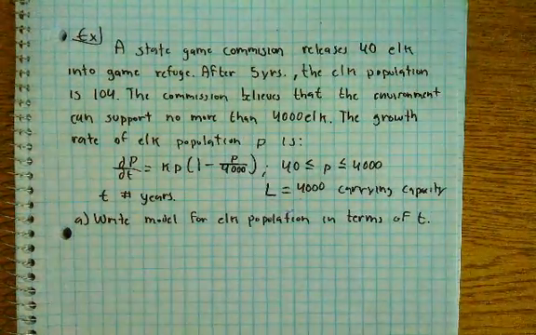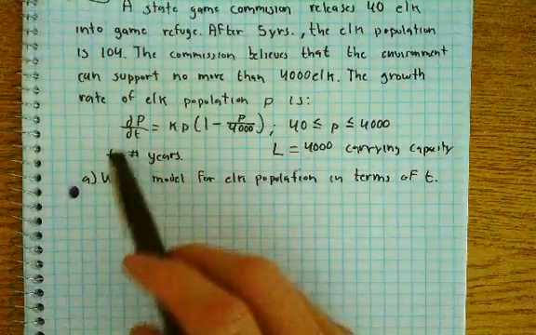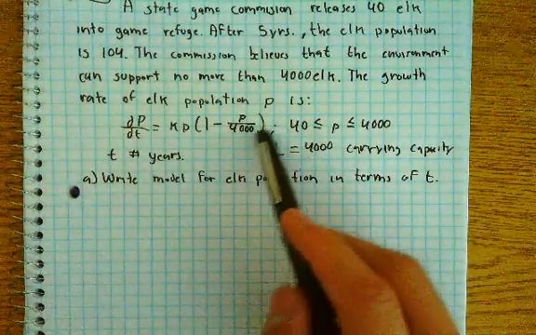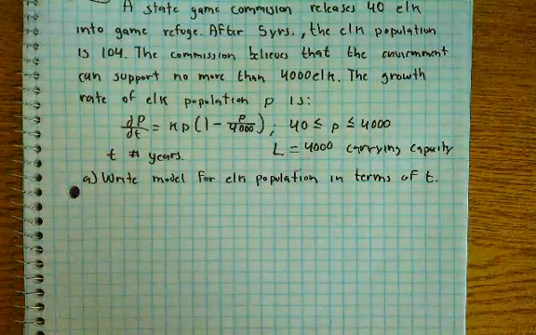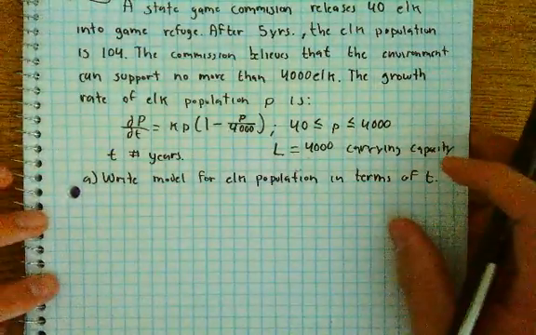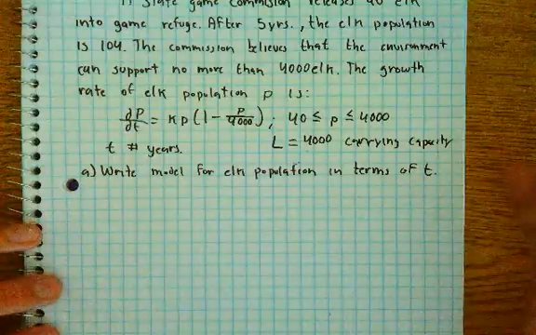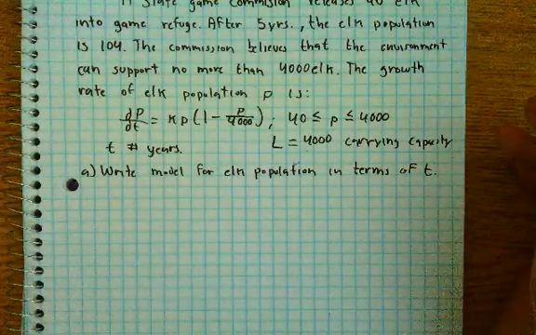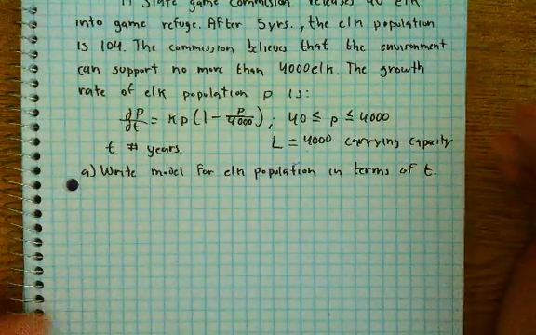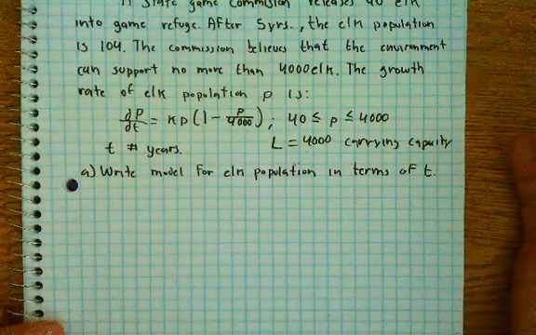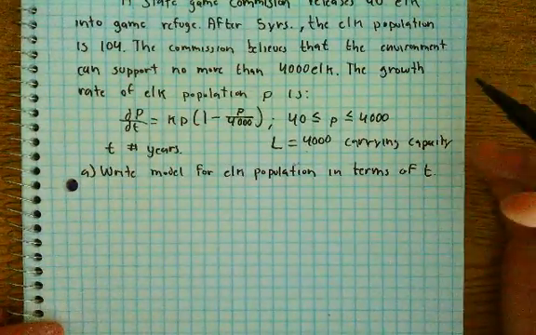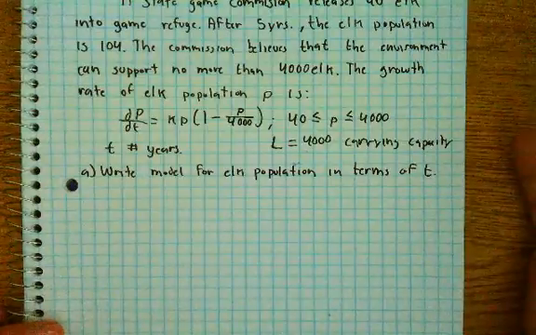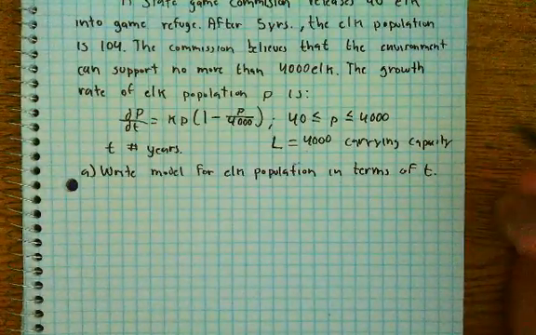Well, remember that if I want to write a model for this, that means that I have the derivative of this, so now I have to anti-differentiate. Or rather than anti-differentiating and going through that process, if you remember what the antiderivative of this looks like, or if you memorize it, then this should be no problem.